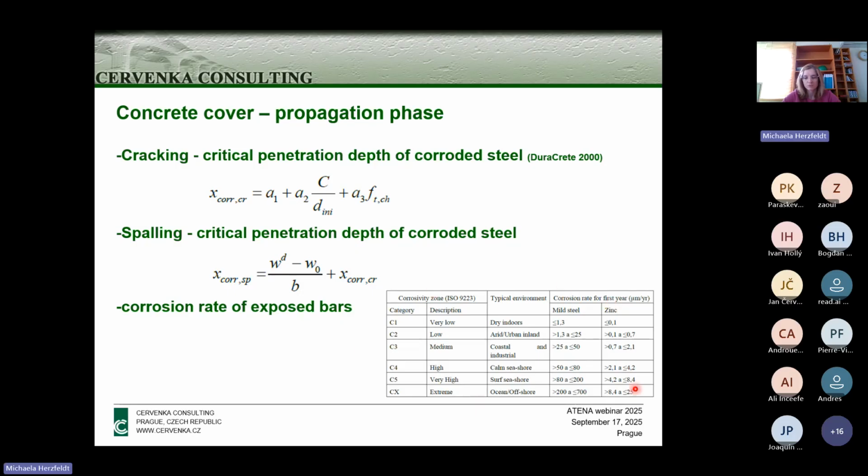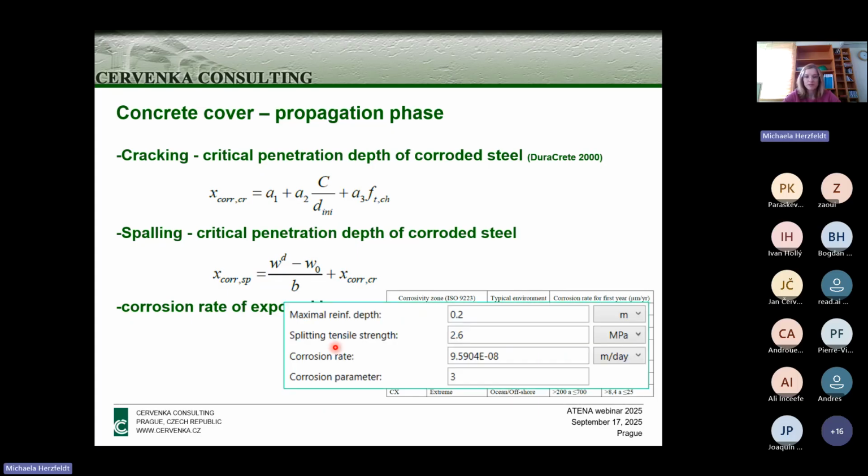So this is something that you can find also in our documentation, what sort of corrosion rates are recommended for certain conditions. And that is actually part of that boundary conditions that is defined in preprocessing for both, either carbonation or chlorides. This is regarding the corrosion, because that is the same for both.